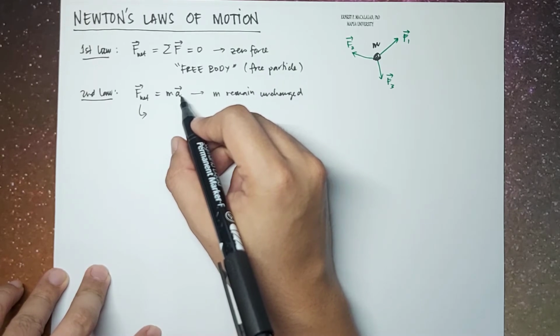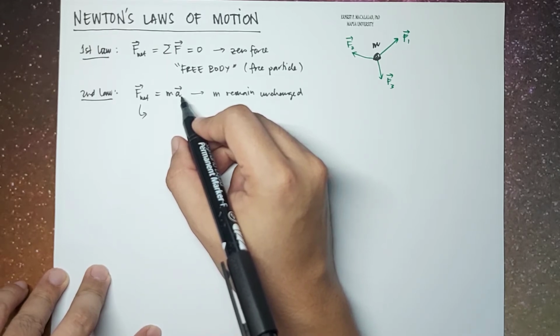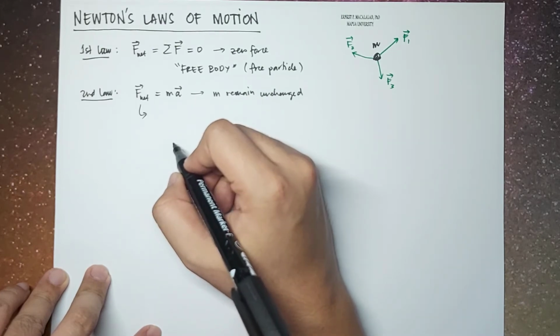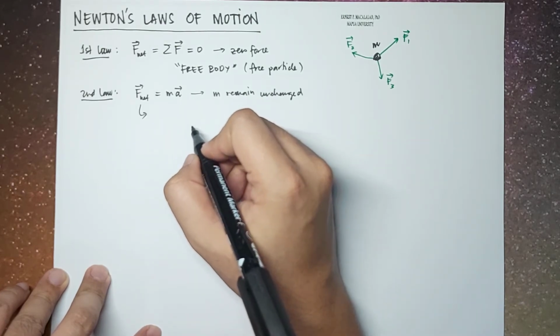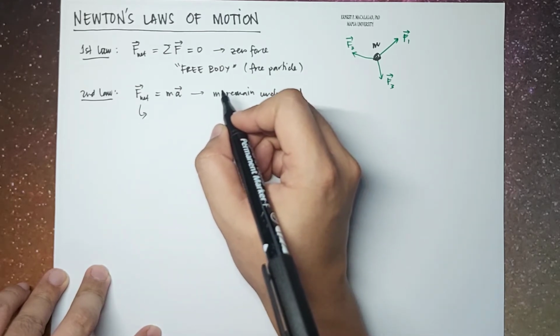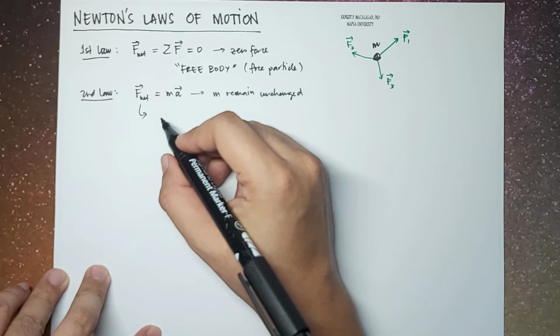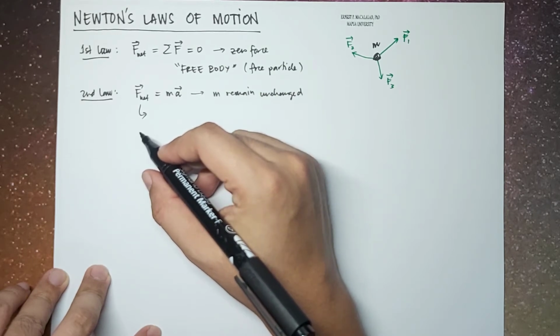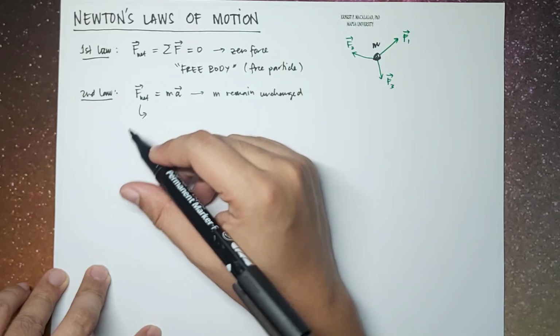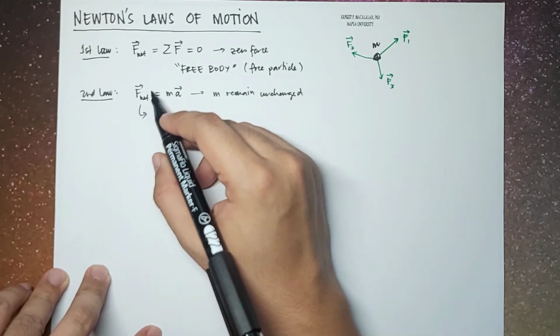That can happen in several ways. The particle can either speed up, slow down, or change direction. Any of those three cases, or a combination of them, means the particle accelerates. And when an object accelerates, that means a net force acts on it.